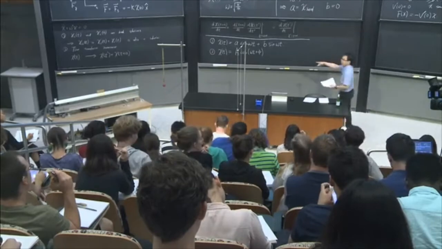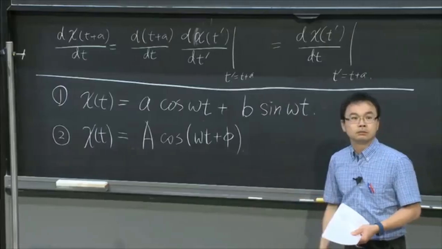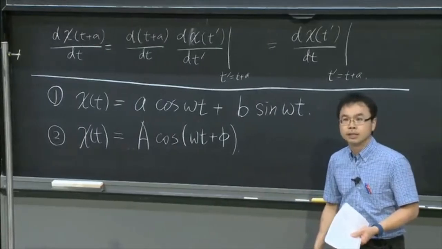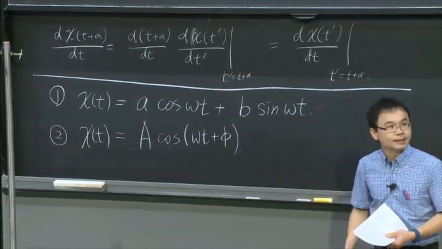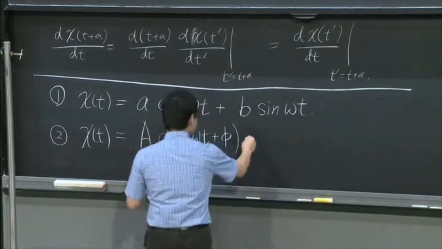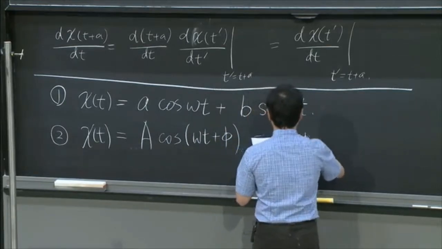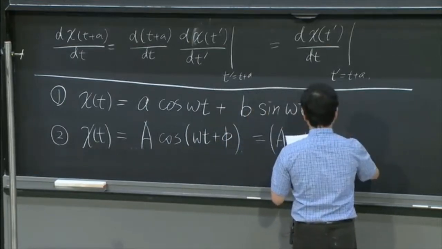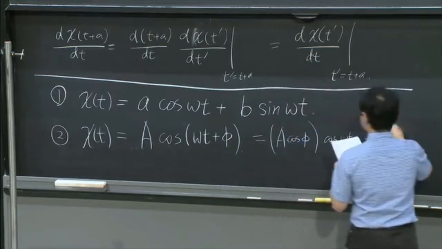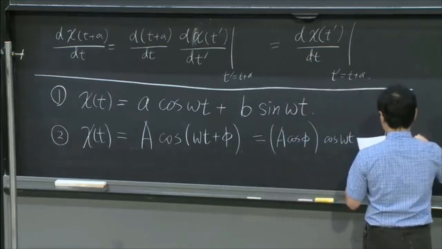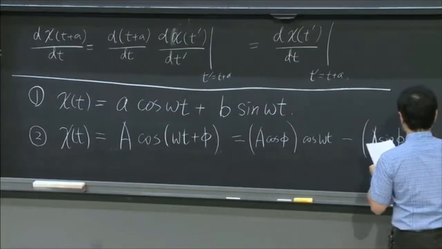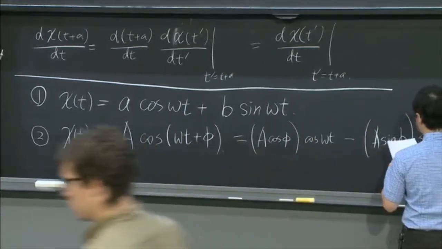Now you write another one. What is going on? But actually they are the same. This is A cosine phi cosine omega t minus A sine phi sine omega t.